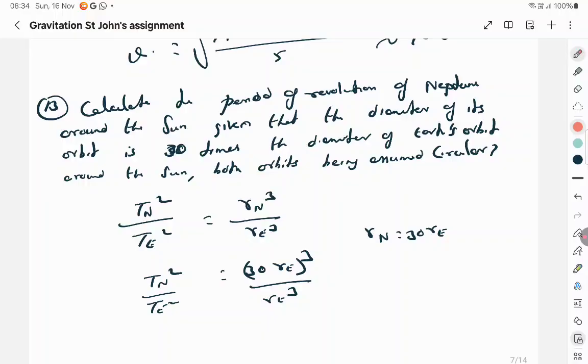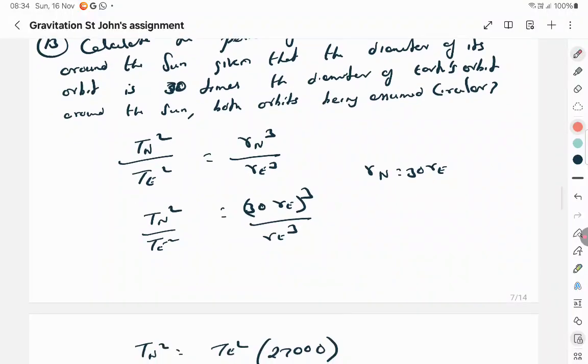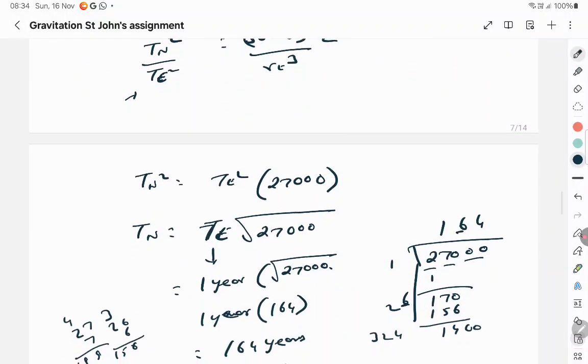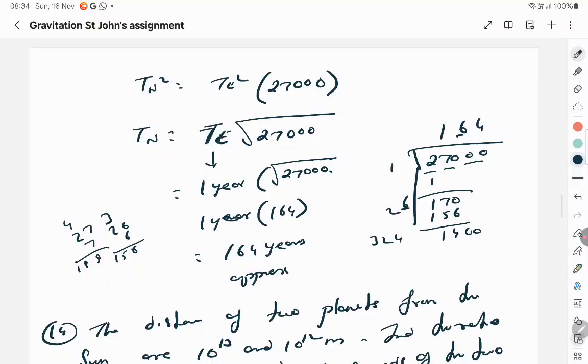Dividing 1 by 2, the constants will anyway get cancelled, no? So you get like this, and substitute the radius of Neptune to be 30 times the radius of the Earth's orbit, and things get cancelled. And you know the time period of the Earth is 1 year. Cross multiply, get the time period of Neptune.